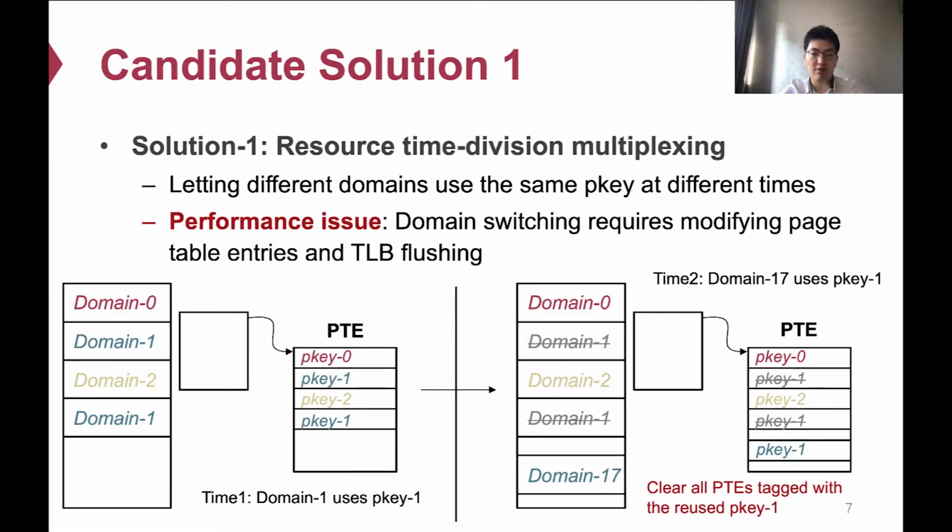For example, if we want to reuse PK1 for another domain, name it domain 17, we need to first clear all existing PTEs tagged with PK1. This procedure can be costly, especially when the domain memory size is large, because we need to modify many PTEs. Besides the overhead of page table modification, we also need to flush TLBs, which will further introduce more overhead.